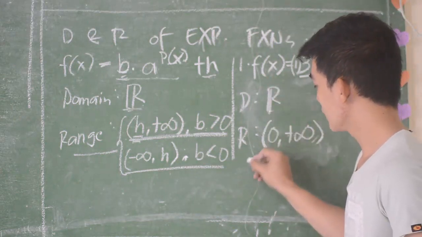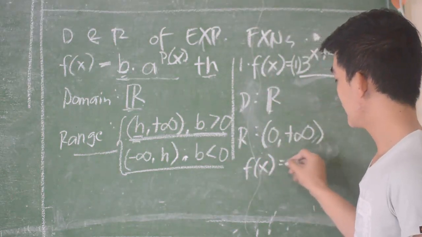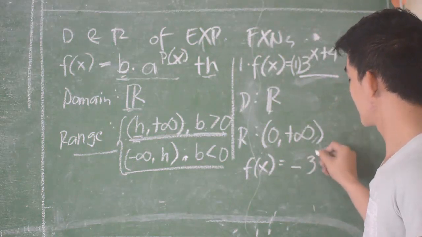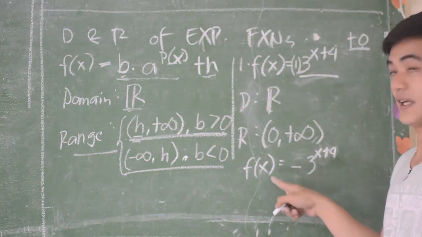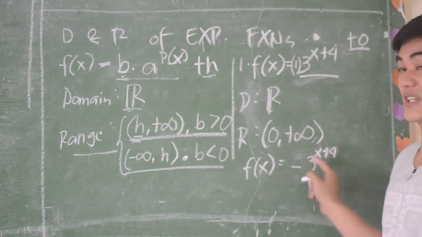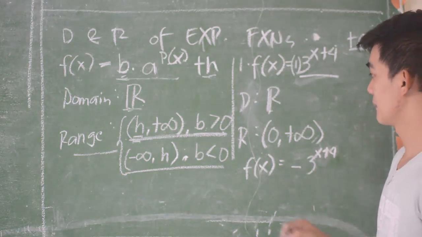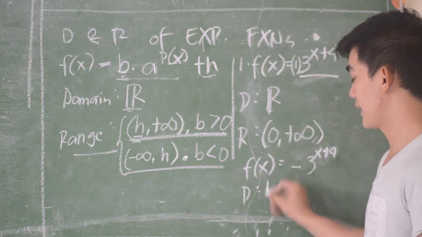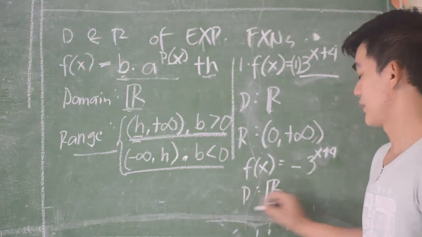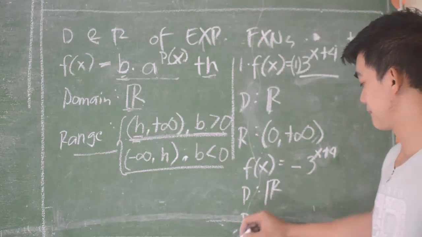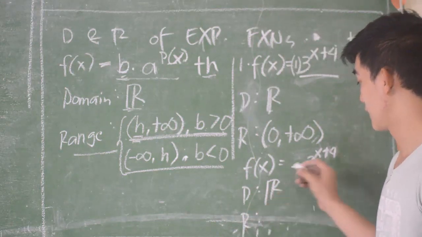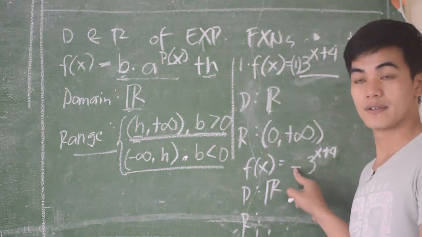sige, yung function natin ay nakaganon, may negative doon, tapos negative 3x plus 4. F of x is equal to negative of 3 raised to the quantity x plus 4. Yung domain natin dito parehas range, set of all real numbers. Yung range natin dito ngayon ay, ito. May negative dyan.